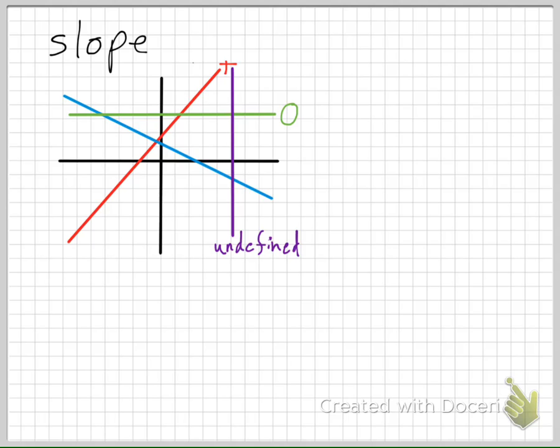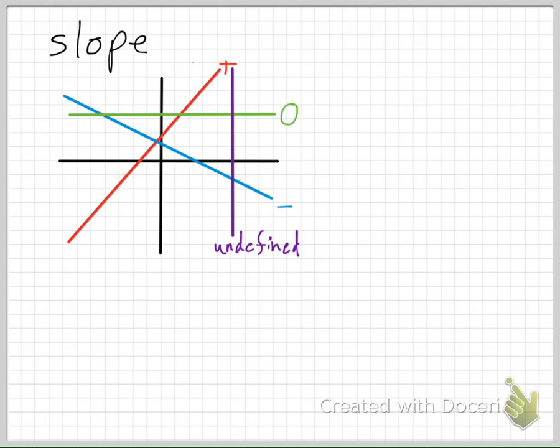Whereas a negative slope, as your x value gets bigger, your y value gets smaller, right? So slope has to deal with what's happening to y as x changes. Cole, turn around. So our slope is how y is changing as x changes.